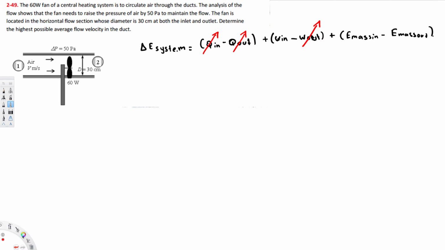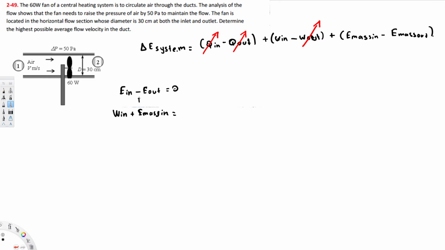So those are the three things we have. But we can use another equation to substitute these values. That is E in minus E out is equal to 0, right? So this is the one we are going to use. So for E in we have W in plus E mass in, and for E out we have E mass out.